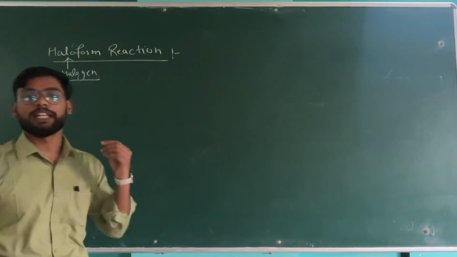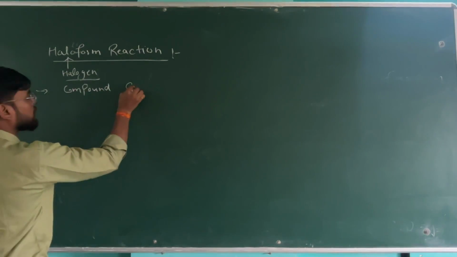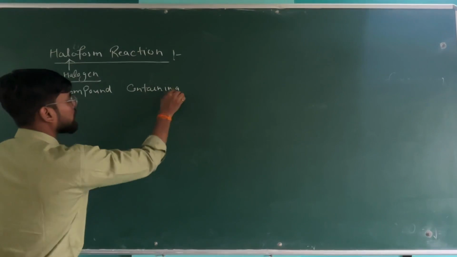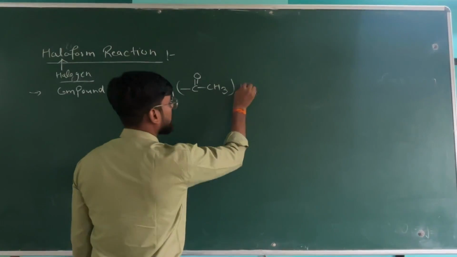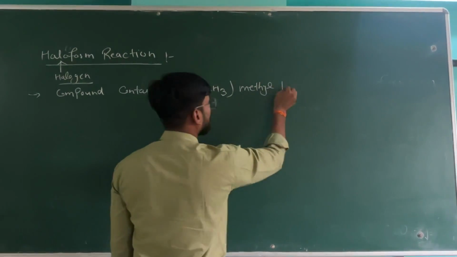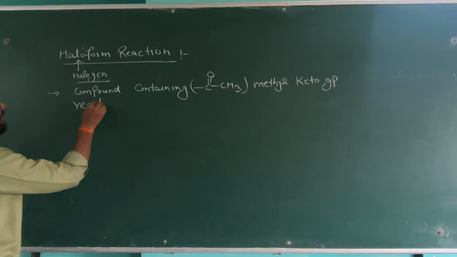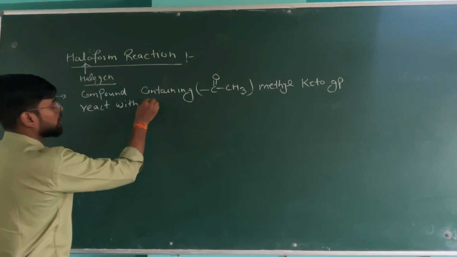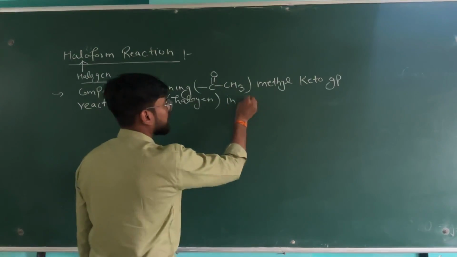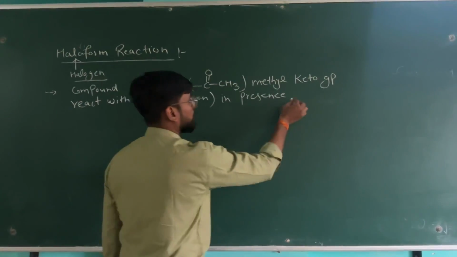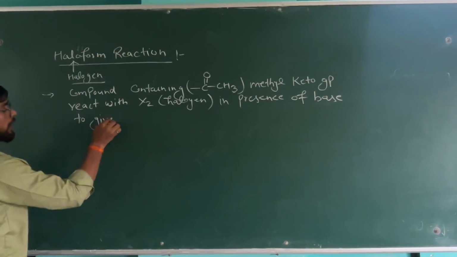Which compound gives the haloform reaction? A compound containing a methyl keto group reacts with halogen X2 in the presence of a base to give haloform.